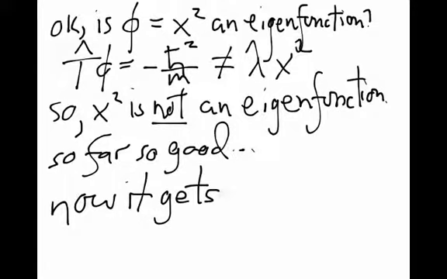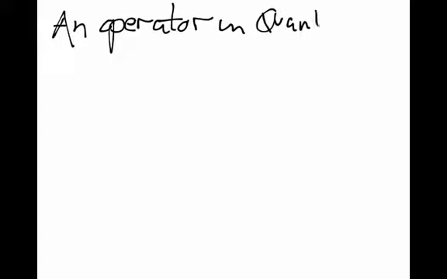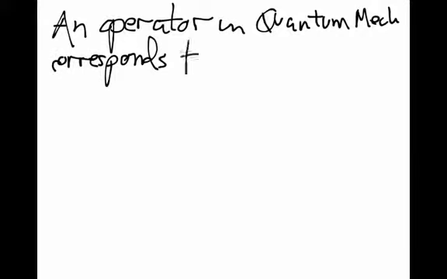Now it's going to get a little bit strange as we start to work our way into the quantum mechanical world of eigenfunctions and eigenvalues. So let's keep thinking here. So an operator in quantum mechanics is basically how we measure stuff.